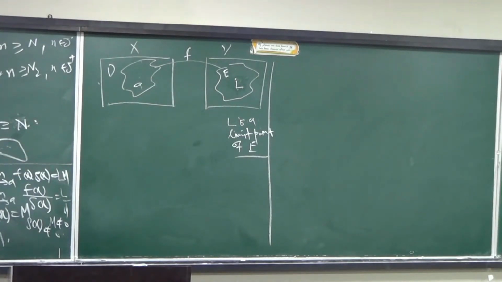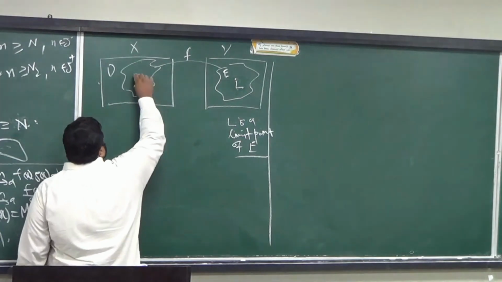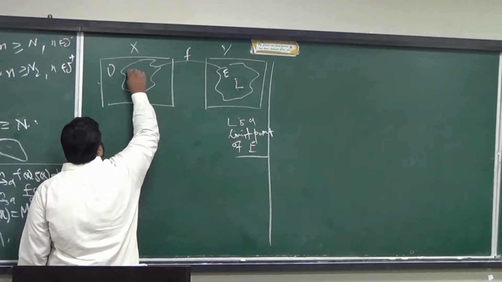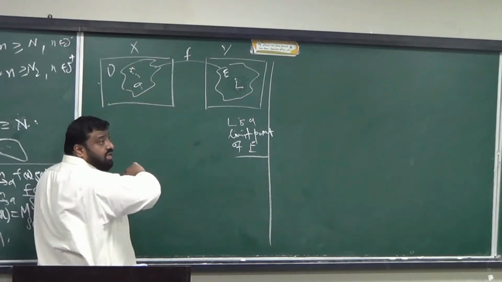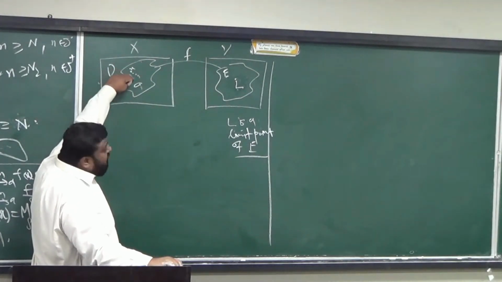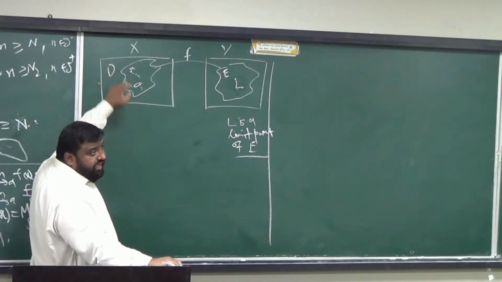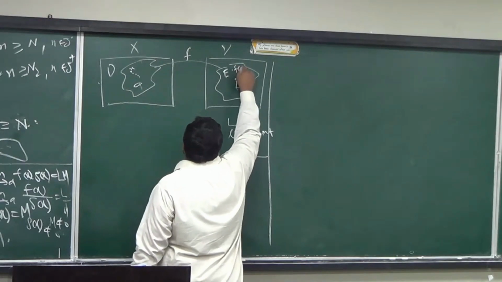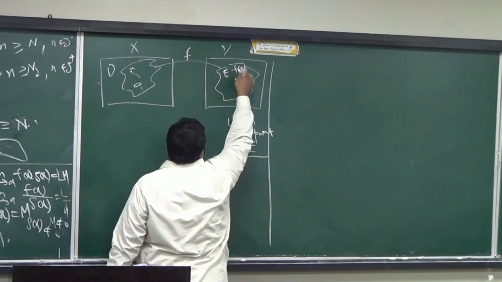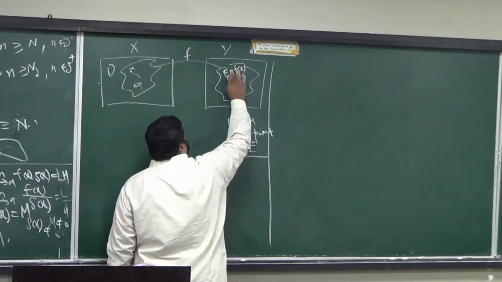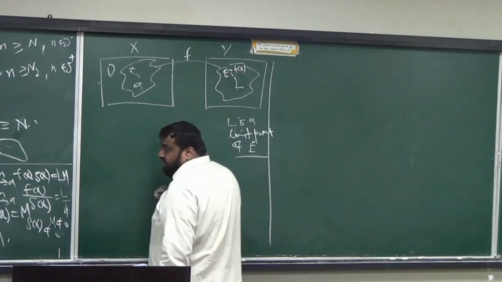So what I would like to define is that if I am getting closer and closer, so X is an arbitrary point in this domain D, getting closer and closer to this A, then my f of x, this is the image, is getting closer and closer to L. That's what I would like to define.